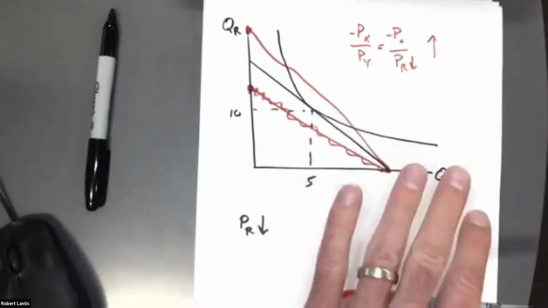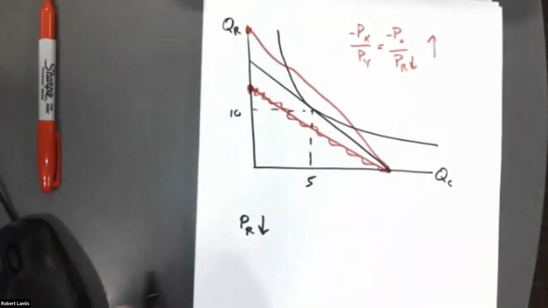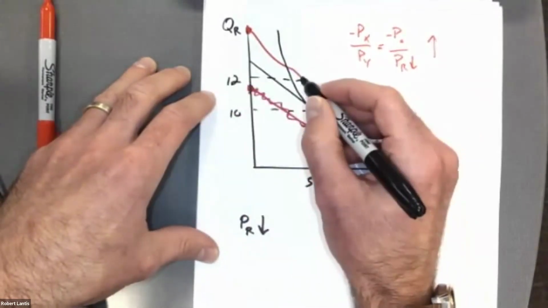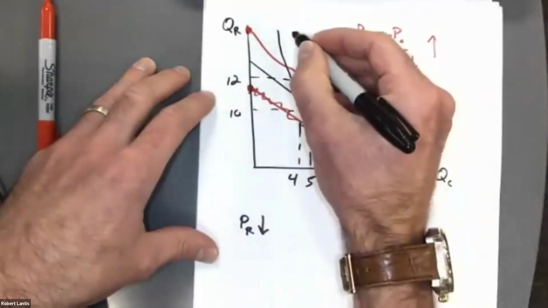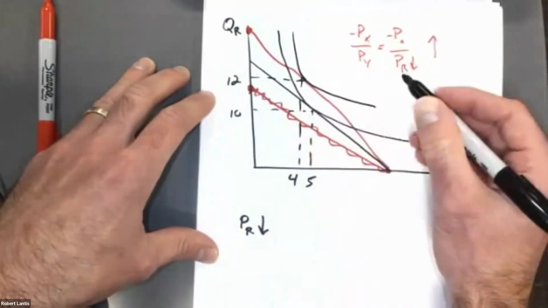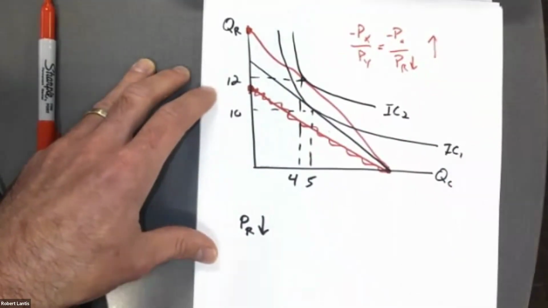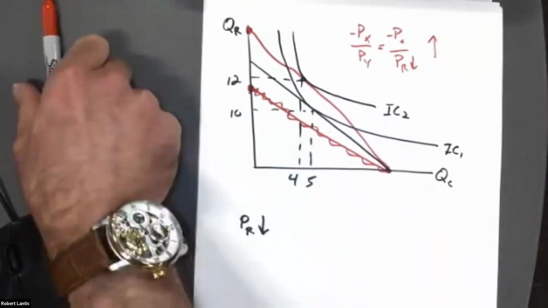Now, I don't have to have this visual, but I was told that after this price change, we bought 12 packs of ramen and 4 ounces of caviar, okay? So our new consumer optimum, the new indifference curve we were on, was going to be somewhere up here, okay? So that's the total effect, okay?